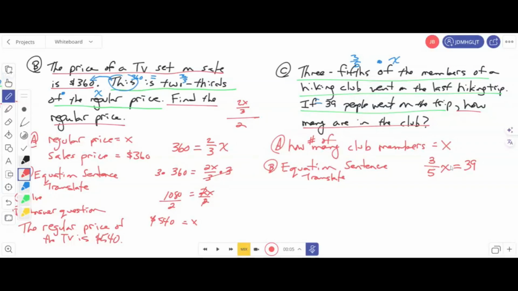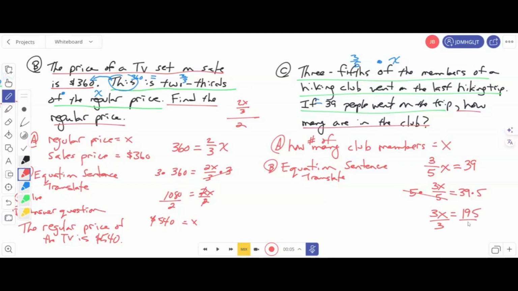Anytime a fraction is written in front of a variable, the variable can jump on the top. I can divide by 3 or multiply by 5. If I multiply by 5, it'll make the fraction go away. 39 times 5 is 195.